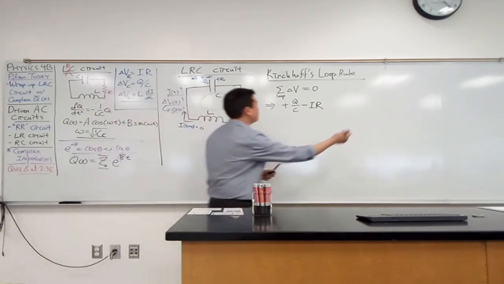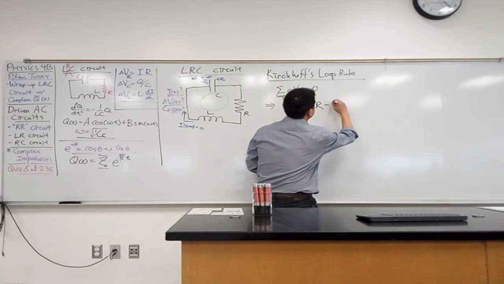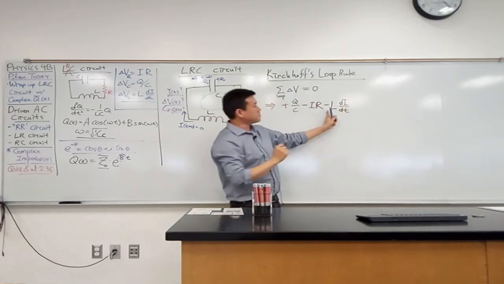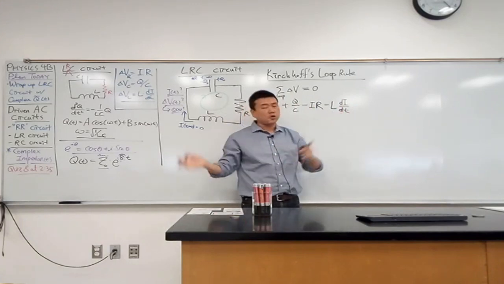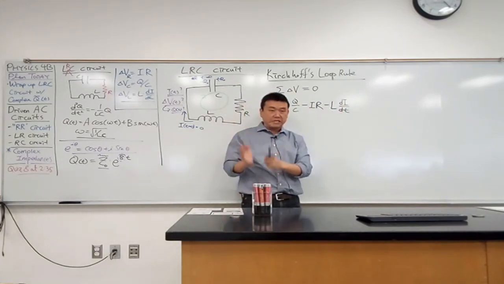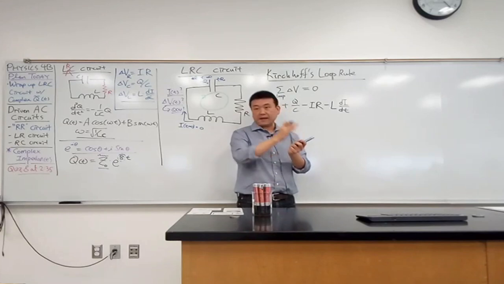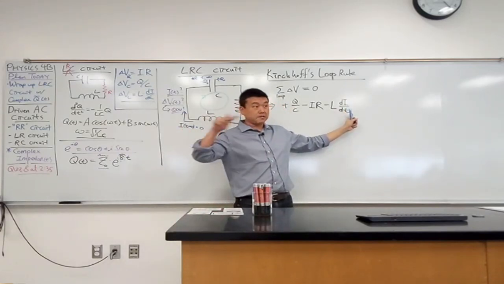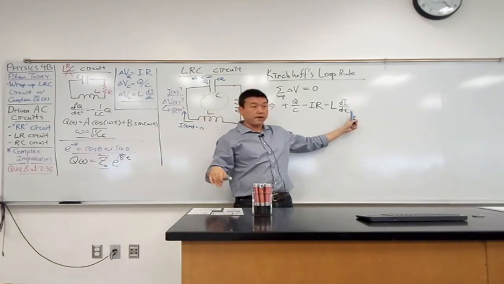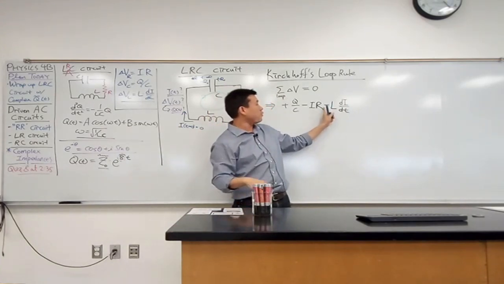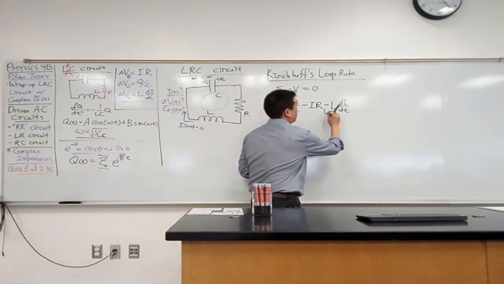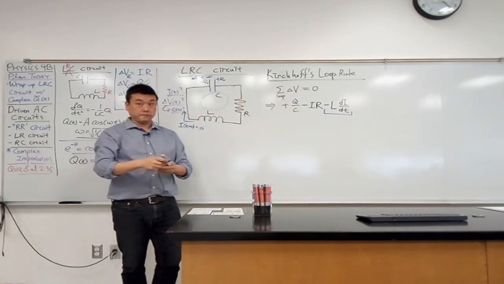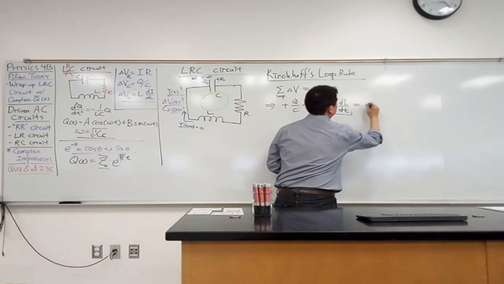So this is what I'm going to write down: minus L di dt. To make it concrete, I'm thinking of the very initial condition, the time slightly after 0. My di dt is positive because I'm imagining positive current beginning to flow and increasing in value. So minus L di dt is a negative value as I expect it to be. So all of this is equal to 0.